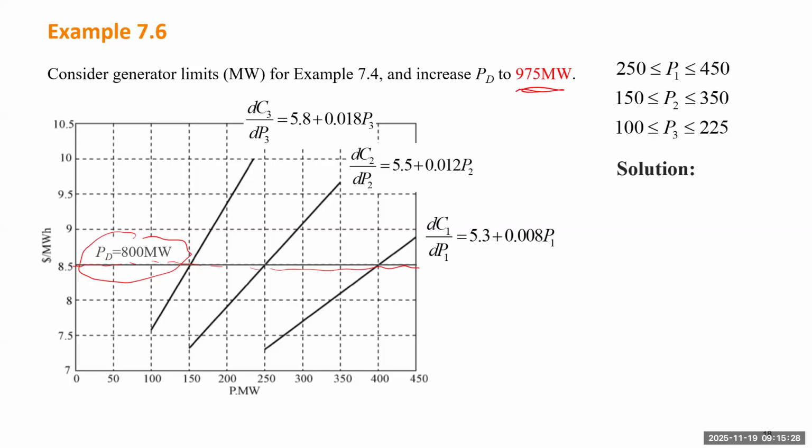So when we move up this line, the intersection points will move to the right. And we just do some fine tuning of this line until the 3 intersection points give us the P values, which total 975. That's the idea.